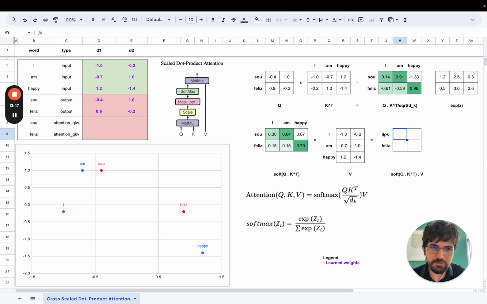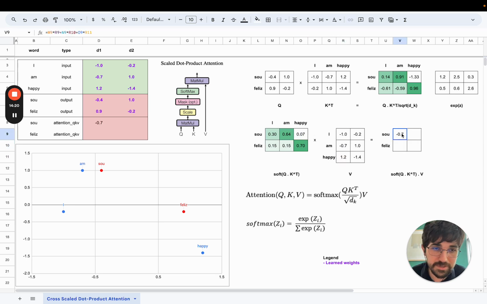For example, for the word "so", we want 30% of contribution from the word "I" and 64% of contribution from the word "am". So what do we have here? I'll do it step by step just to show how exactly those numbers come up. It's this number times this original vector, plus this number times this original vector, plus this number times this original vector.